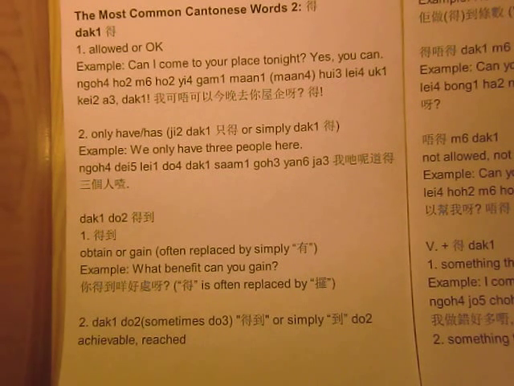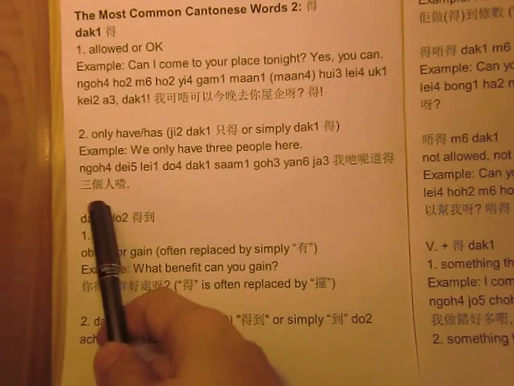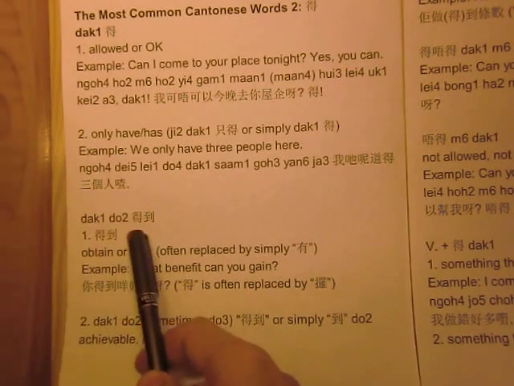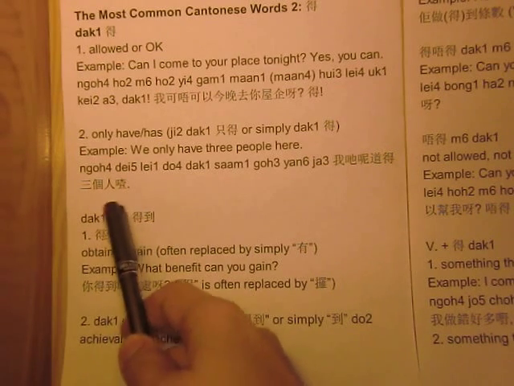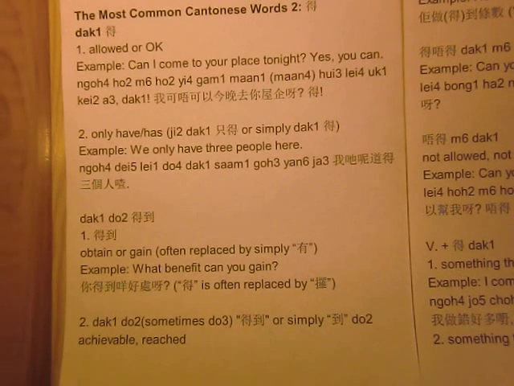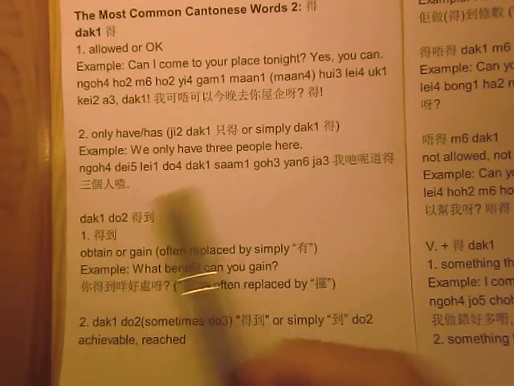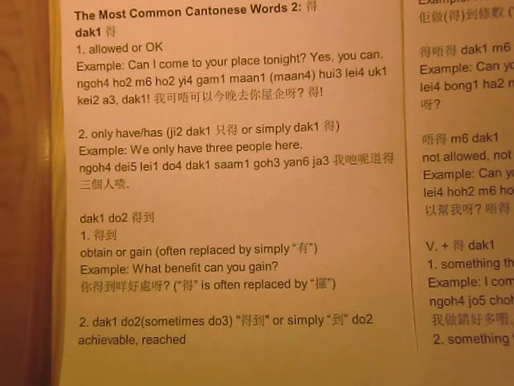But when combined with dak, we change the tone to 2. So instead of dak do with tone 3, we say dak do with tone 2. Even if you say it with tone 3, it is still fine, but tone 2 is more native.